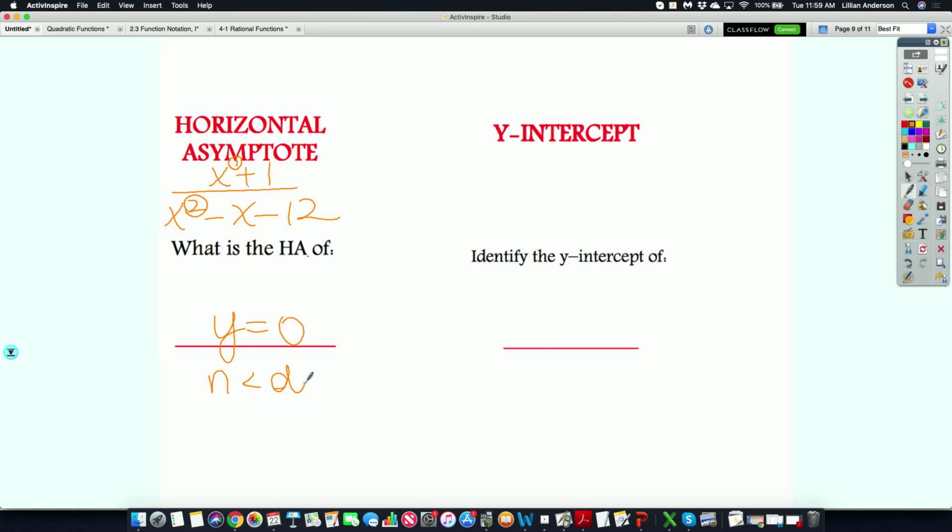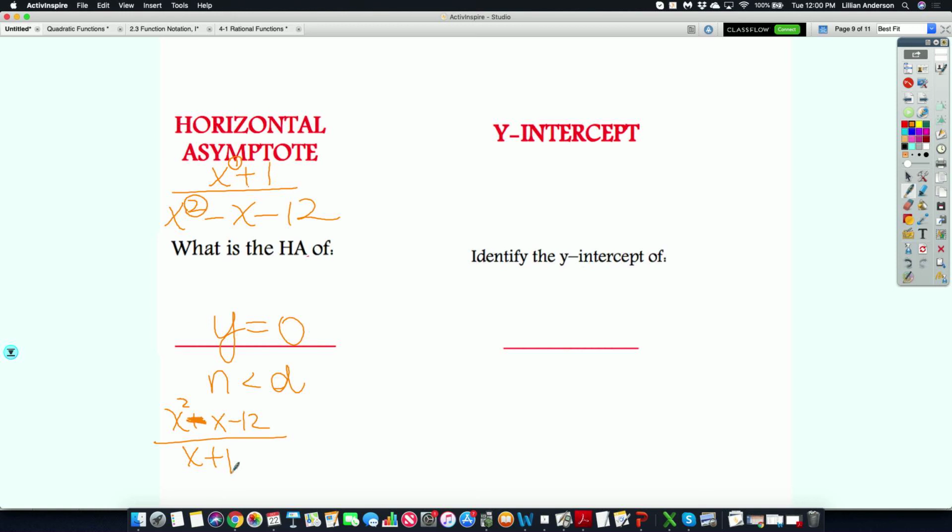Now real quick, teachable moment. If it was the other way around, let's say it was (x squared minus x minus 12) all over (x plus 1). This would be no horizontal asymptote. It would be oblique or slant. It would be a slant asymptote.